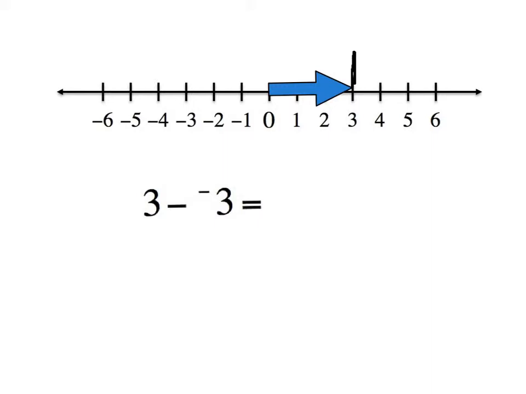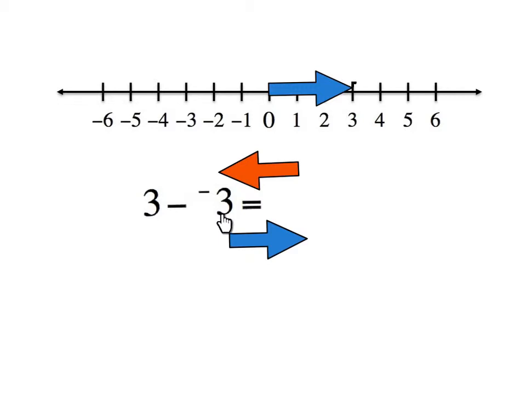Now, I'm going to create an arrow to represent -3. So here's my -3, my red arrow. You can see if I were to place it here, that would take me back to 0. However, because we're saying the opposite of -3, I'm not going to use a negative arrow. The opposite of negative is positive, so I need to change this to a positive arrow.